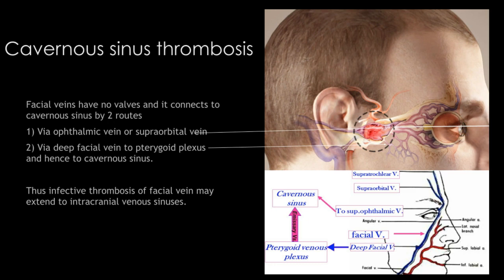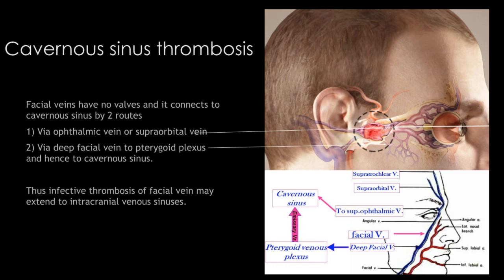The veins which supply this region are valveless and they communicate with the cavernous sinus. So it is dangerous because any infection in this region can be spread in a retrograde manner through the communicating deep veins into the cavernous sinus. This is especially because the veins in this region are devoid of valves, especially the facial veins.